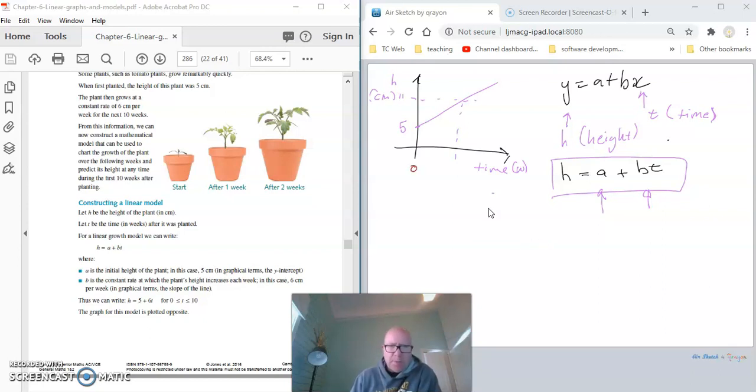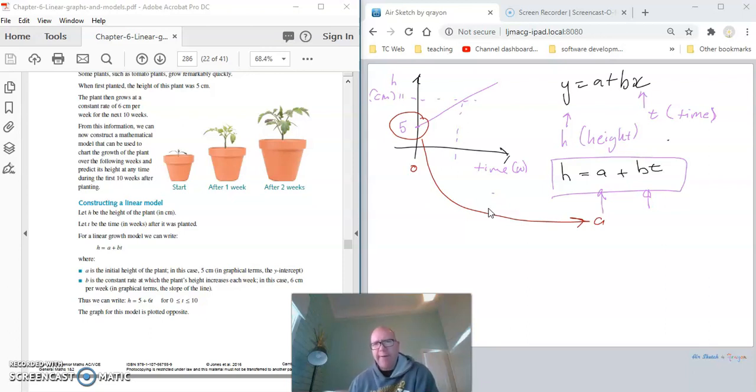Okay? So in this case, the y-intercept's happening at 5 centimetres. So at this point, that goes into A.